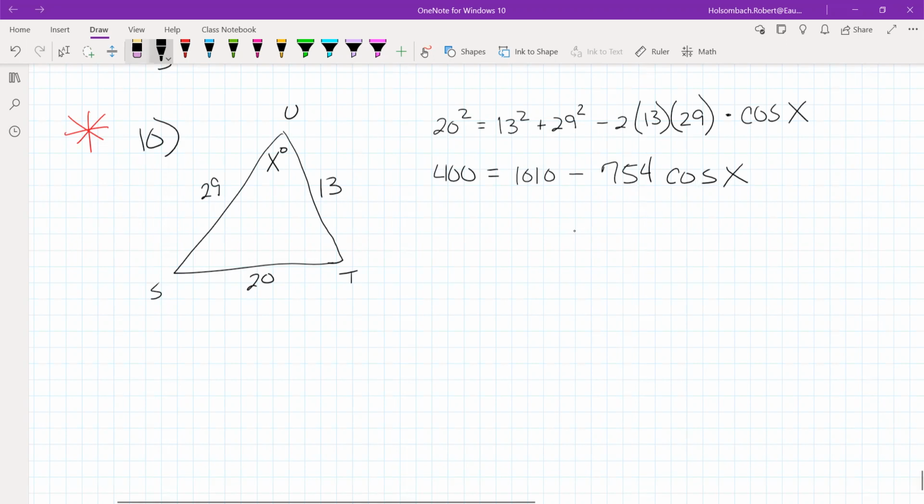This step is super important. In this case, your next step is to subtract your 1010 from each side. You got 400 minus 1010.